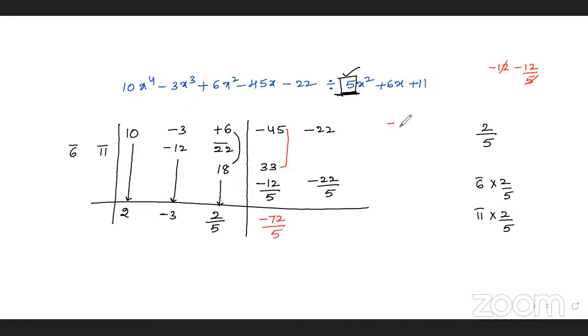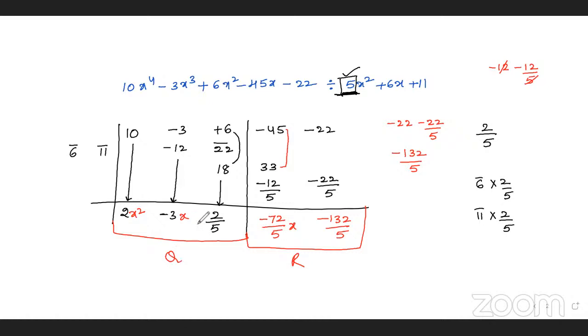Now this one, minus 22 by 5, 10, 110, 132 upon 5. So this will be minus 132 upon 5. This will be our coefficient, this one x and this one x square. So this is the quotient value and this is the remainder value. Is it clear? Any doubt?